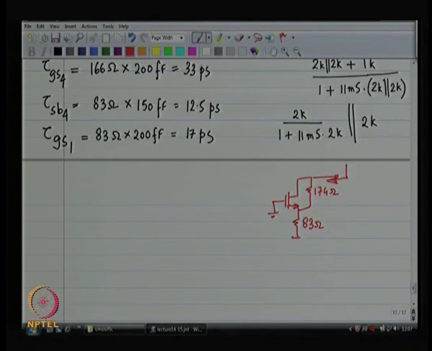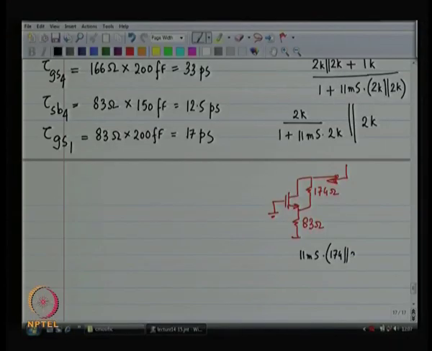So, that is the resistance that you see looking in. So, you are basically going to see GM, that is 11 millisiemens over here, GM in shunt with GMB, times RDS, 174 ohms shunt with 2K, times 83 ohms plus 83 plus 174 in parallel with 2K. So, that is the resistance that you are going to see. Let me just do the computation.